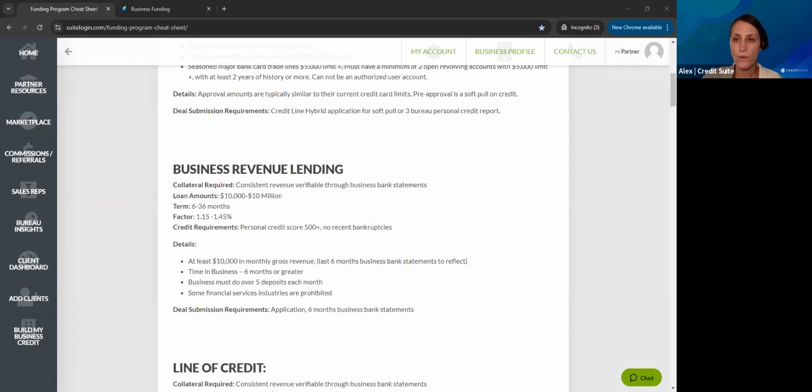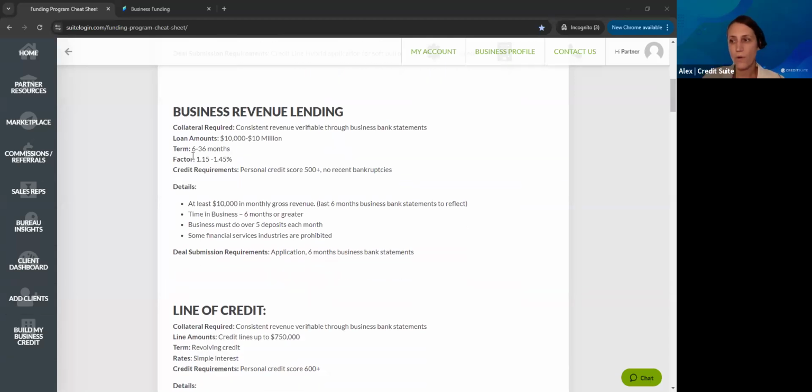But realistically speaking, if you're making $10,000 a month in monthly gross revenue, the approval amount is going to be very close to that, especially if you don't have your business credit built yet. The rate and the terms are going to be higher also. So I just want to make sure that that's pretty well known.